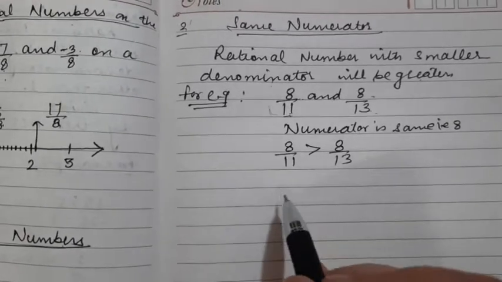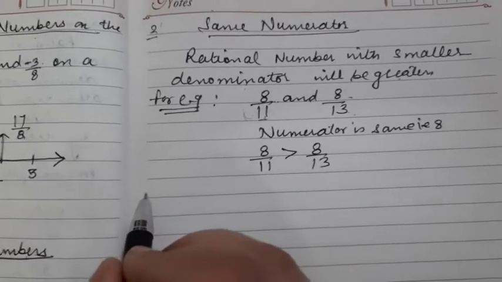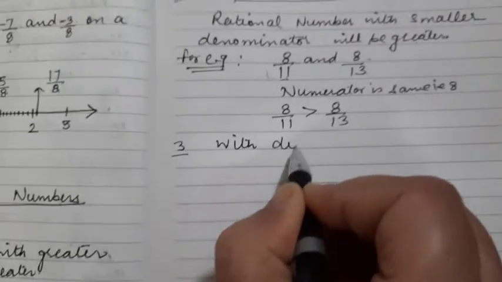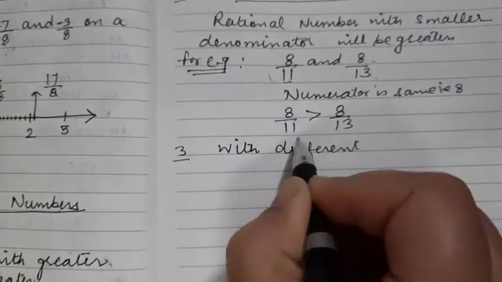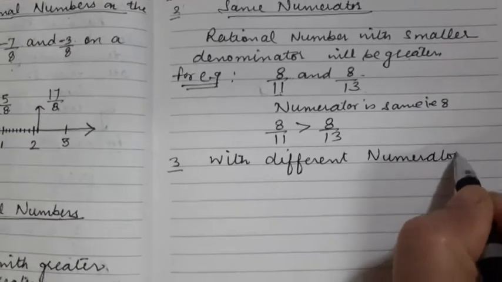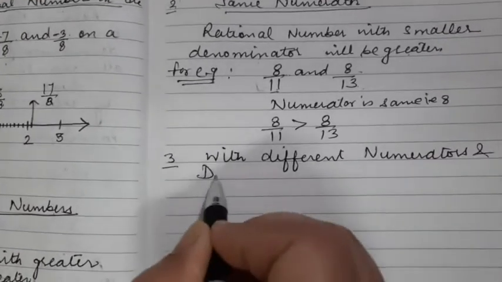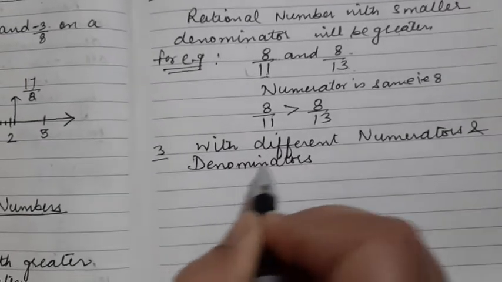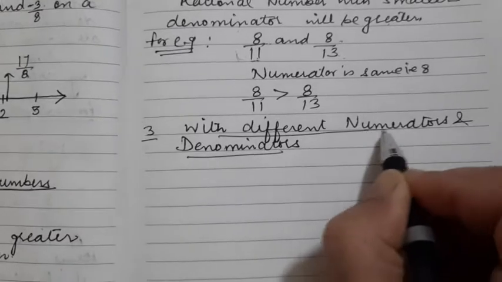Next, comparison of rational numbers with different numerators and denominators. So how we compare it?